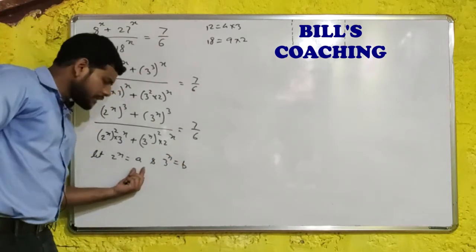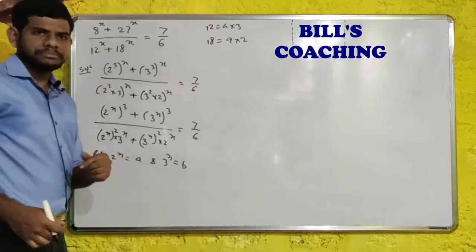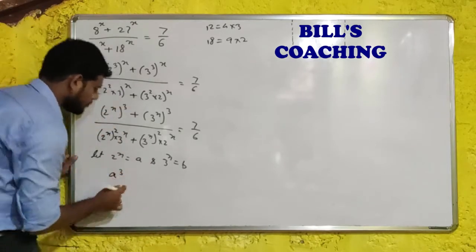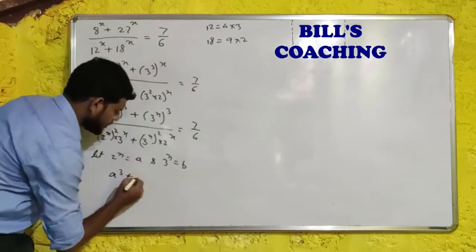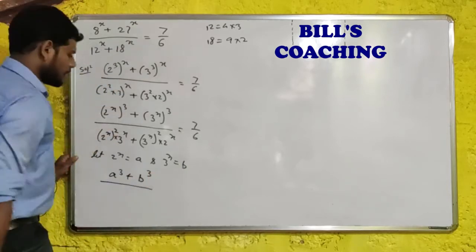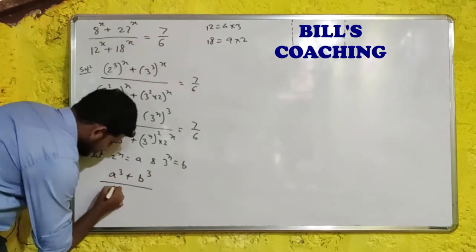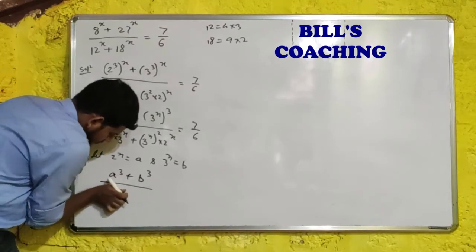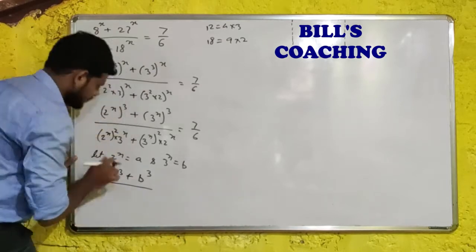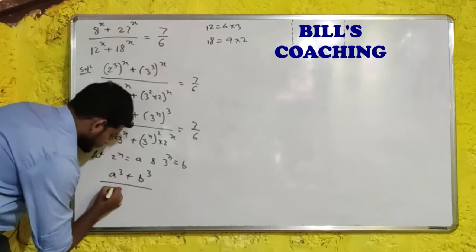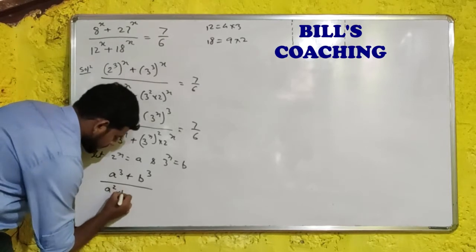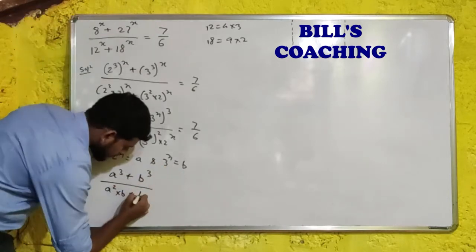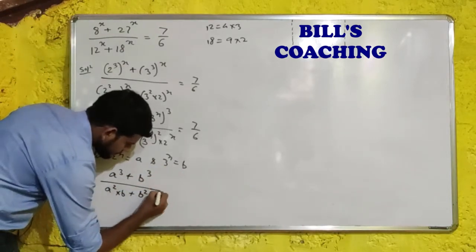And we'll try to get the value of a and b, then we can get the value of x, right? Now 2 to the x is a, so we get a cube plus b cube upon a square b plus b square a, multiplied by b.